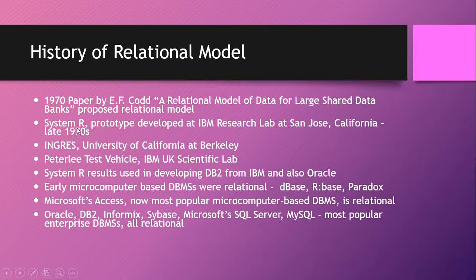System R provided the implementation prototype of the relational model. It proved to be an excellent source of information about implementation concerns such as transaction management, concurrency control, recovery techniques, data security and integrity. After that, there was a lot of research and publications on System R, which led to two main developments.